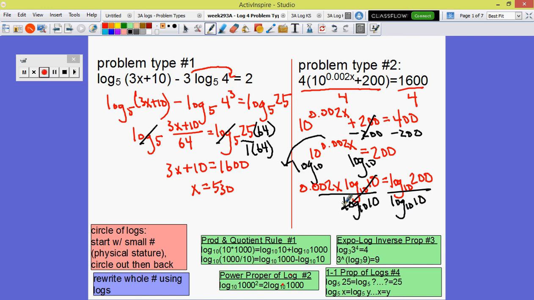This cancels. And when you put this into your calculator, let's do log of 200. Remember, you don't need to put the base of 10 in your calculator. It automatically defaults to that. I got 2.30.